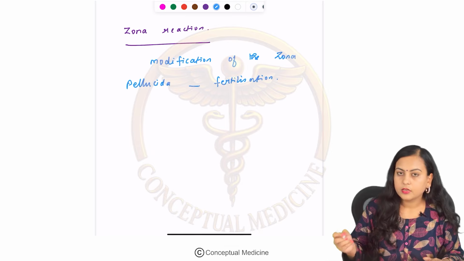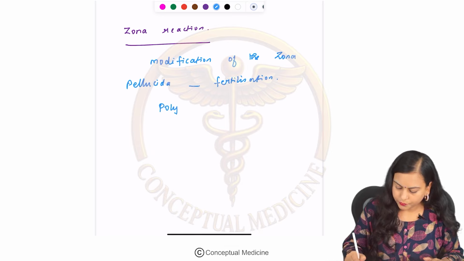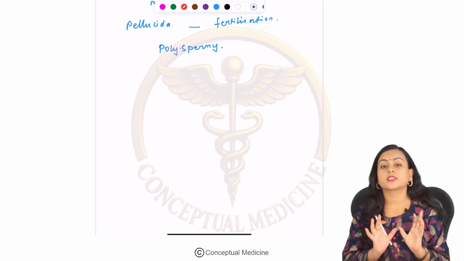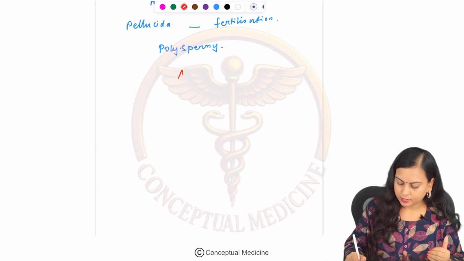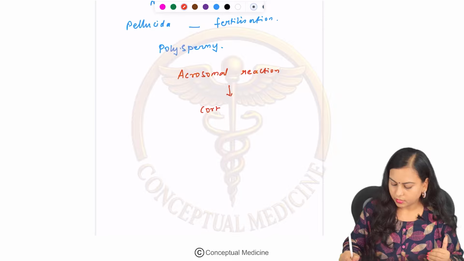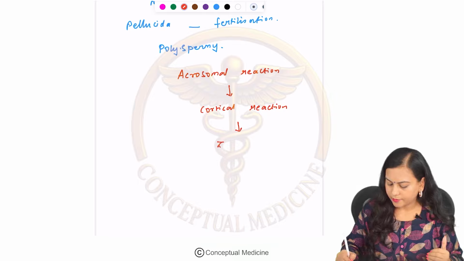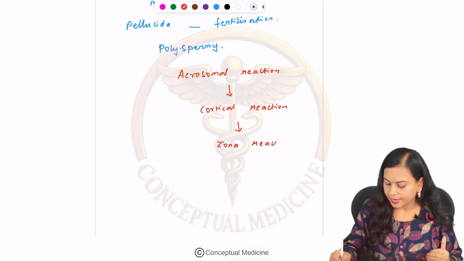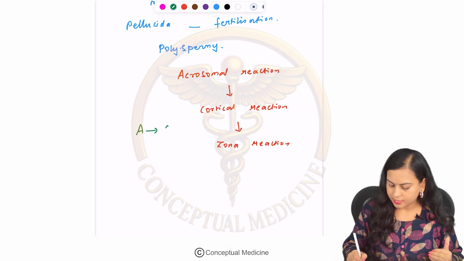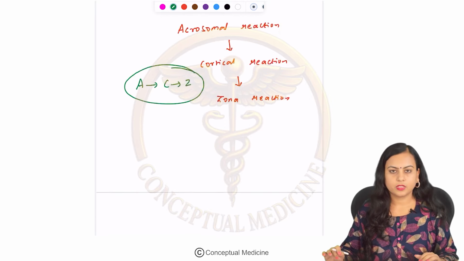So that will form a block to polyspermy. Okay, so the order in which these reactions take place is important. It is acrosomal reaction followed by cortical reaction followed by zona reaction. Okay, so it's just in alphabetical order. It is A, C and Z, right?